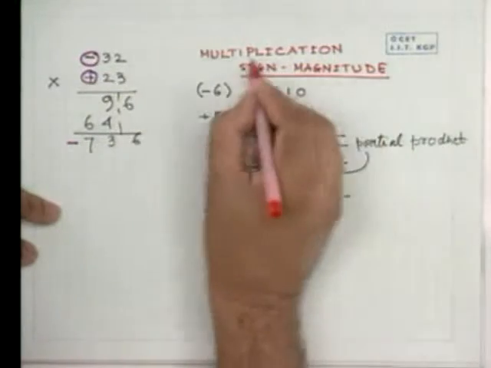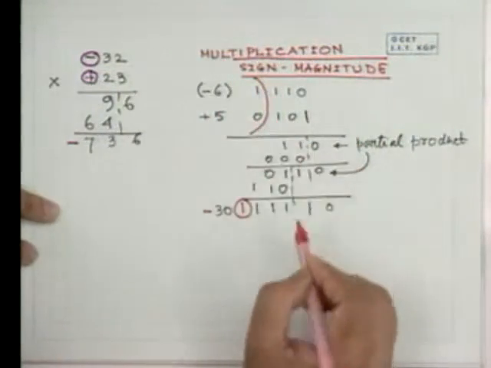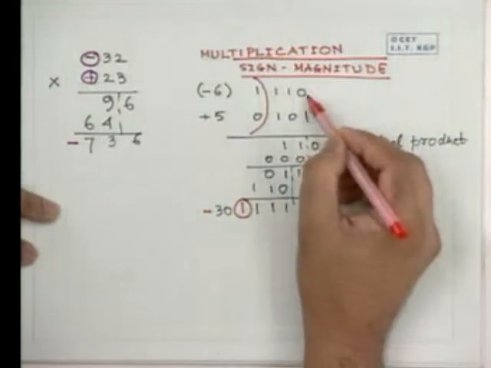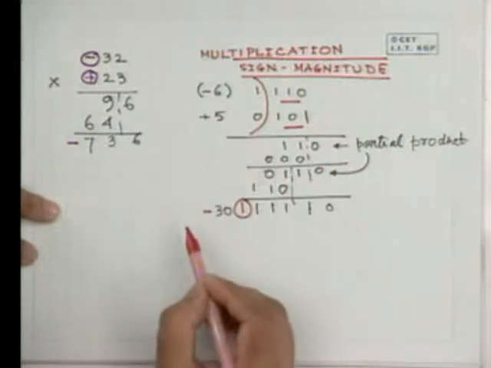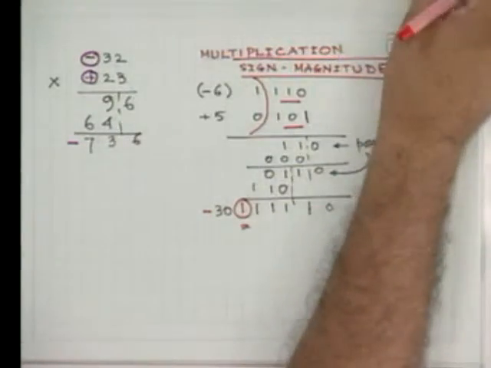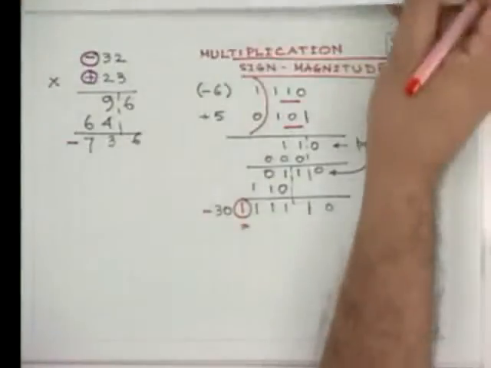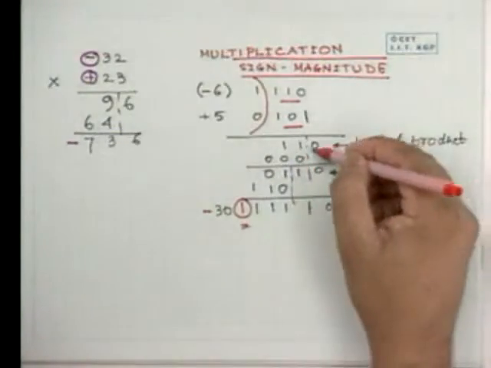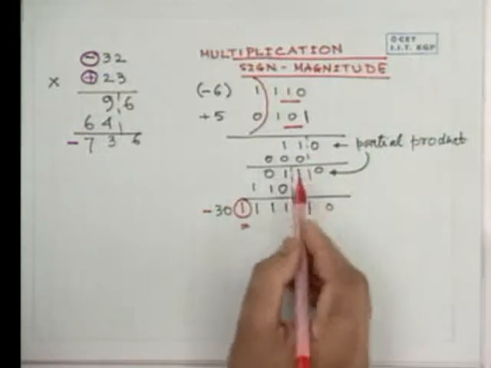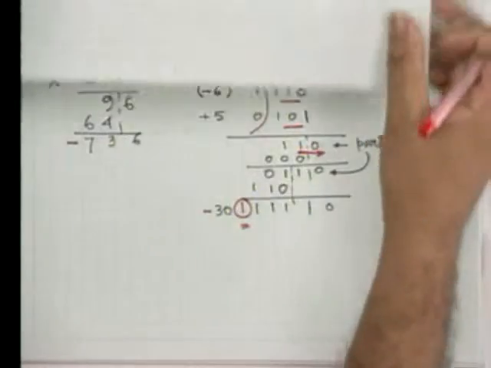In the sign magnitude representation, we forget the sign, do the multiplication on these two unsigned portions, and then decide about the sign. The hardware that is needed is basically an addition operation and a shifting operation, as we have done here.